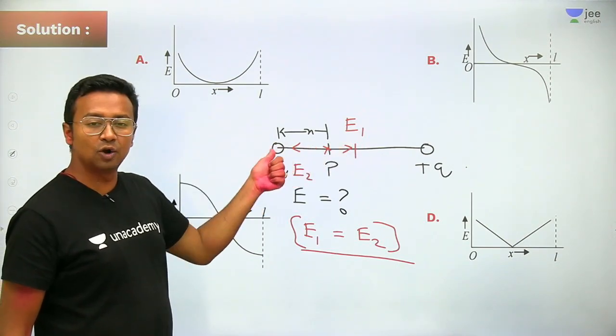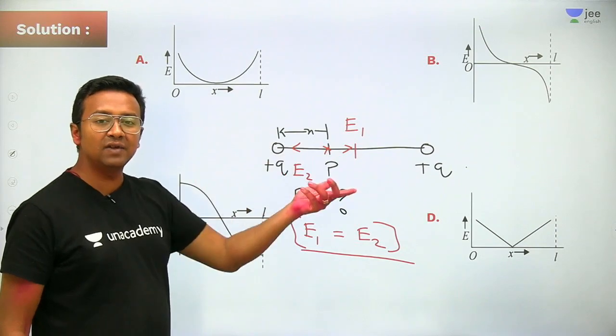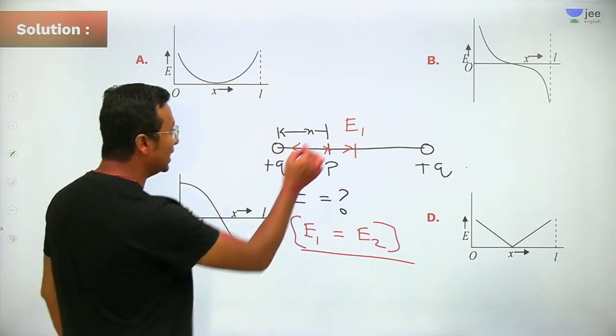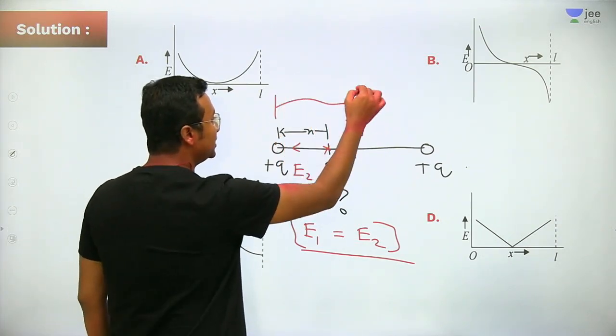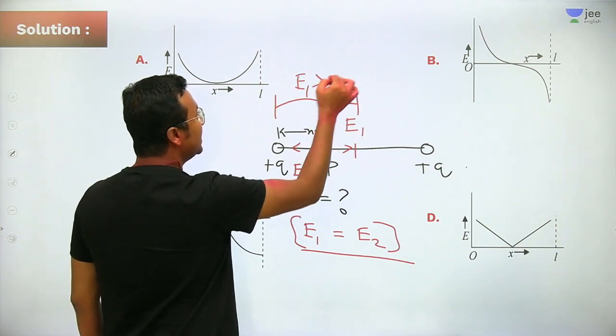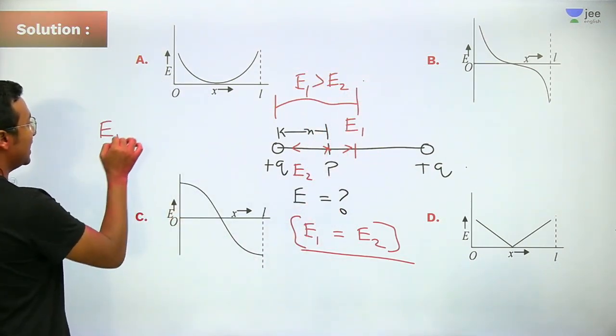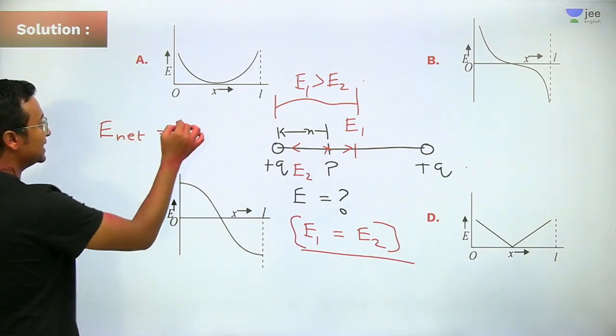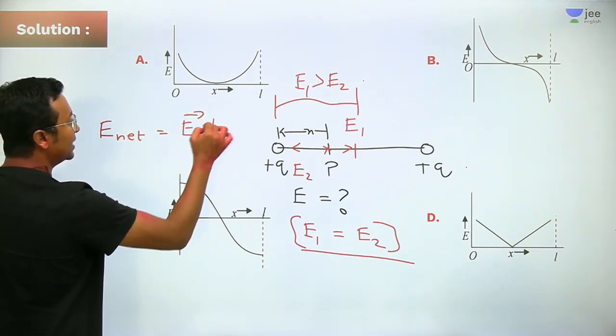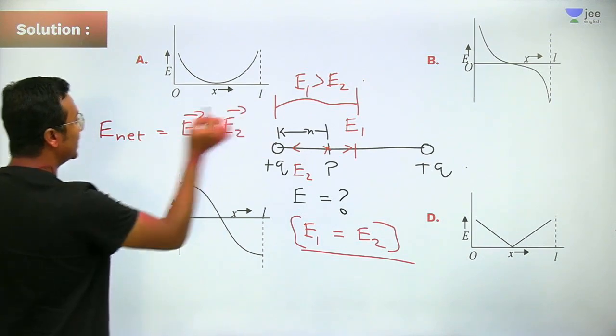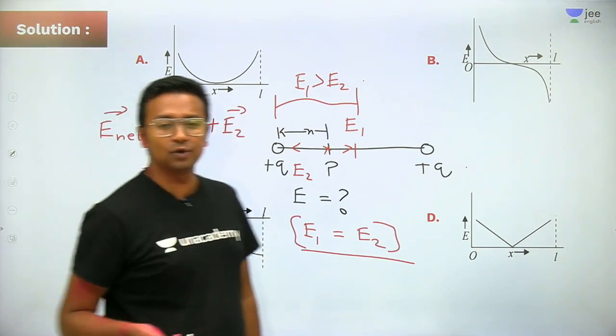Because this point is closer to this charge, E1 will be greater than E2. In this region, E1 is greater than E2, and E net is E1 vector plus E2 vector.